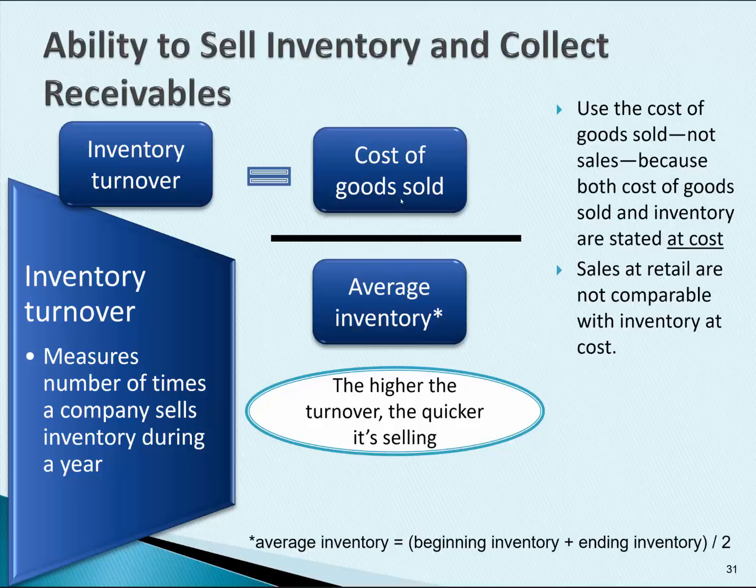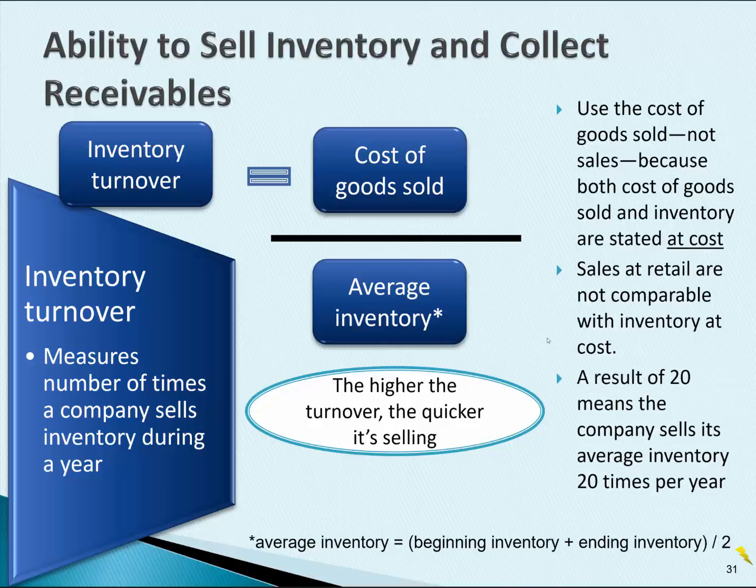So the number on top also has to be at our cost. It can't be sales, because sales is not at our cost. Sales is how much we're charging our customers. So if you get a result of 20, that means the company sells its average inventory 20 times per year.